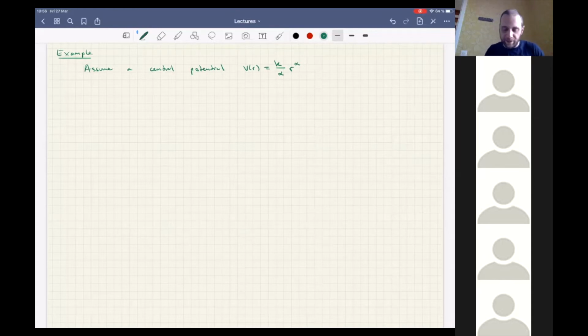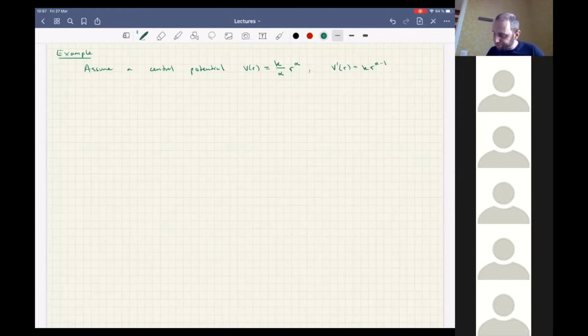Because if alpha is negative, then you're going to have still something that grows with R. If it's positive, you're still going to have something that grows with R. So this is going to be an attractive potential in all cases. As we can see, if we just take the derivative V prime of R, it's K R to the alpha minus 1, which is always positive, which means that you have an attractive potential.